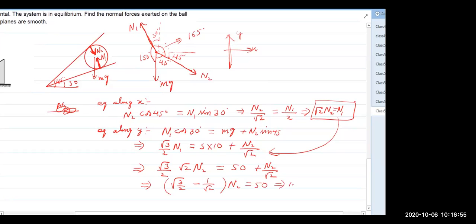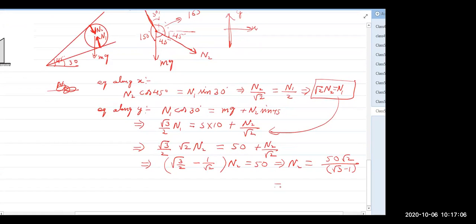So N2 is 50 by... root 2 will come in the numerator, so that will be root 3 minus 1. If you rationalize the denominator, it will be 50 root 2 times root 3 plus 1, divided by 2, or you can write 25 root 2 times root 3 plus 1. You can leave it here or you can solve it like this.